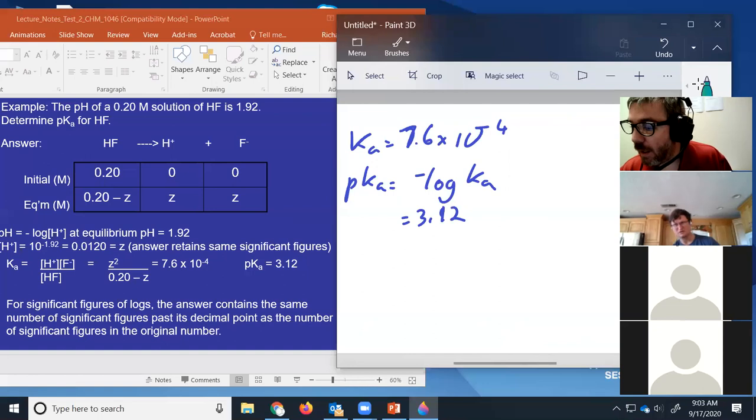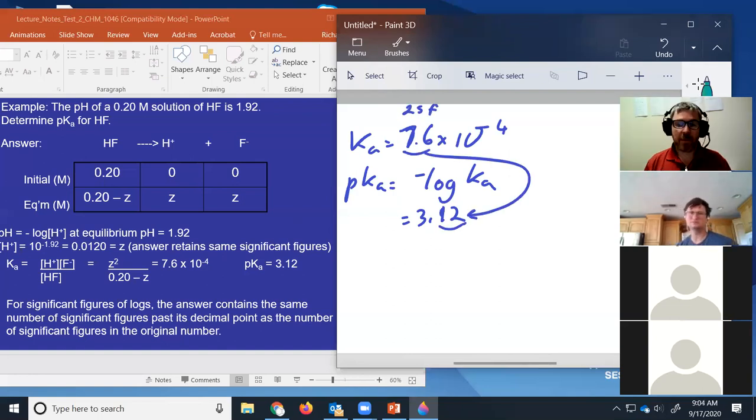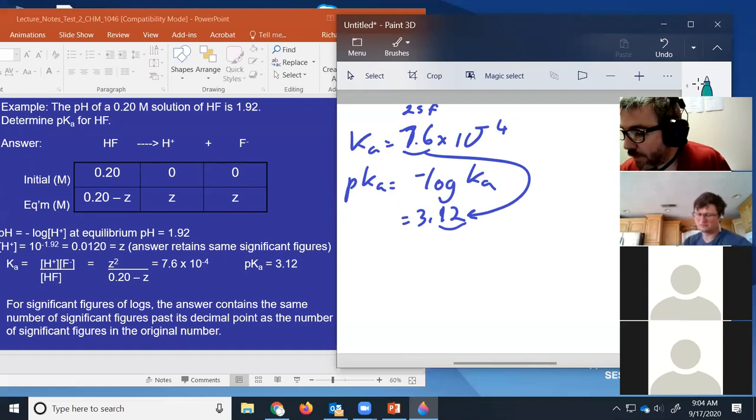So the Ka then has two significant figures. To get the log, the number of places past the decimal will always match the number of significant figures you had initially. So we have two sig figs, which means two decimal places in the log. Now the reason for this has to do with, well, I'll do a little bit of log magic here.